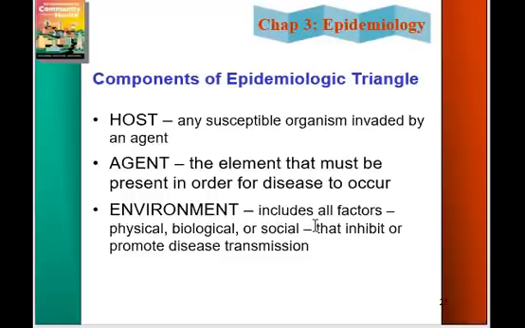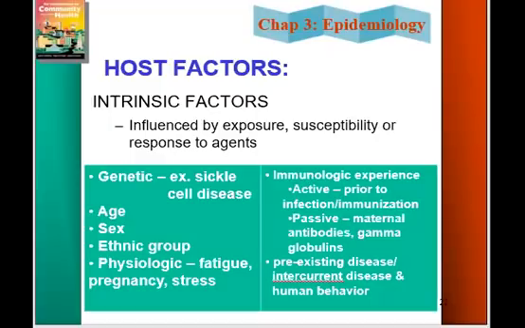promote disease transmission. Okay. Now that we're done defining the different components of the epidemiologic triangle, let us proceed now to the different factors or examples under each component. So let's begin with the host. Okay. So the host class or the host factors or the factors under the host are said to be intrinsic factors.